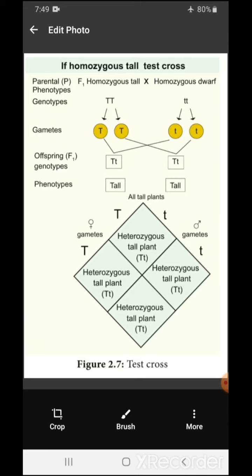So if it is a homozygous tall test cross, all the plants are tall, whereas the heterozygous tall test cross produces a 1:1 ratio. What is the monohybrid test cross ratio? 1:1. Whereas in the homozygous tall test cross, no ratio is obtained. All are tall plants.